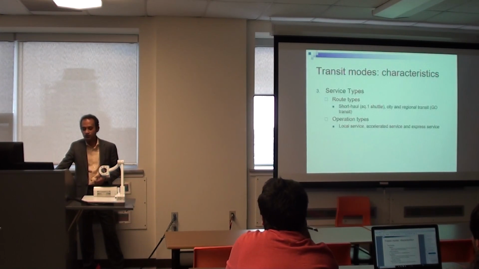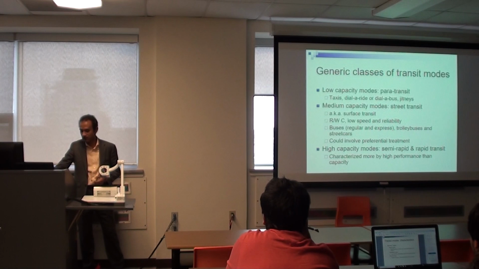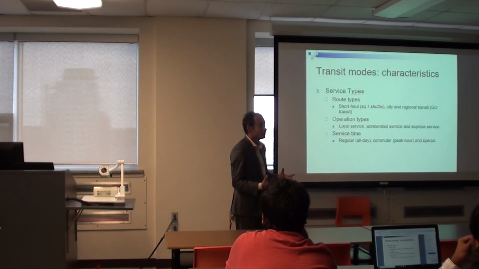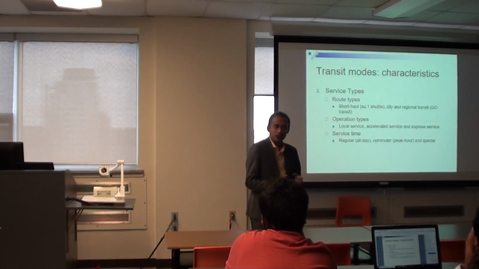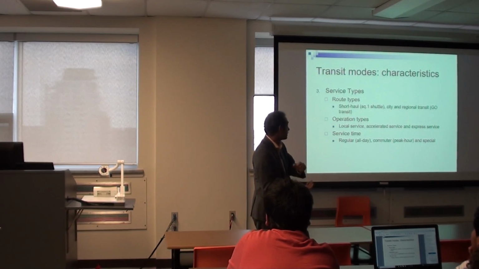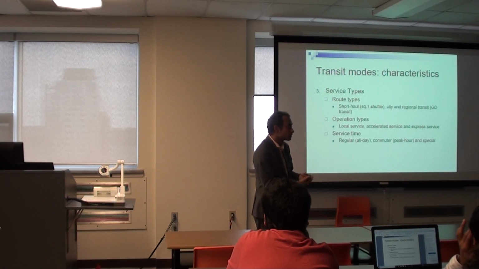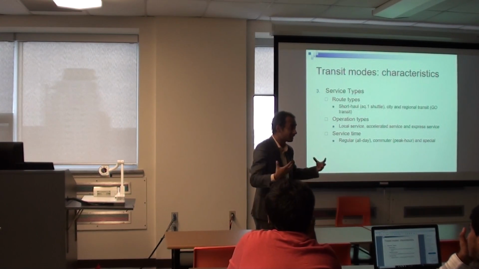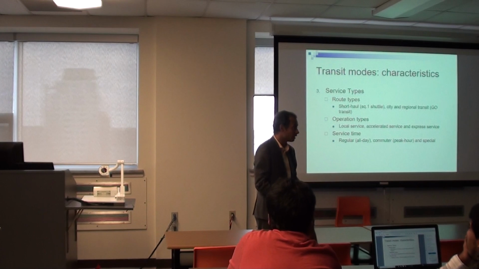And then there are also different types of service that you need to consider in transit planning, the route type. As a planner, you have to plan whether it should be short haul, or a city and regional transit. You also have to think about auxiliary service and express service, depending on the demand. Remember we talked in the last class, we collect origin and destination information.